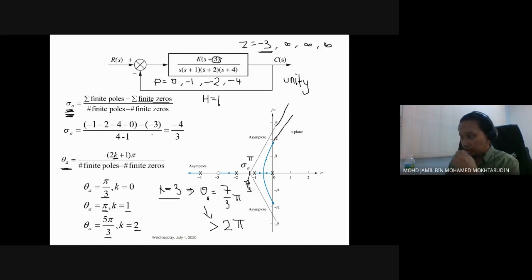Same goes to the bottom one. It will reach the asymptote at infinity, but it will never cross the asymptote. So the asymptote allows you to know what the root locus will look like when you sketch it later.